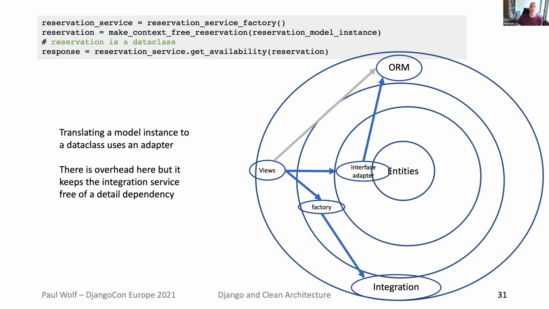It's very easy to create and manipulate, and it's mostly or entirely a Python standard library object, like a data class in this instance. And then I pass that to my integration client. And you can see there that the result of doing that prevents this cross-detail dependency. And that is going to be pretty helpful.